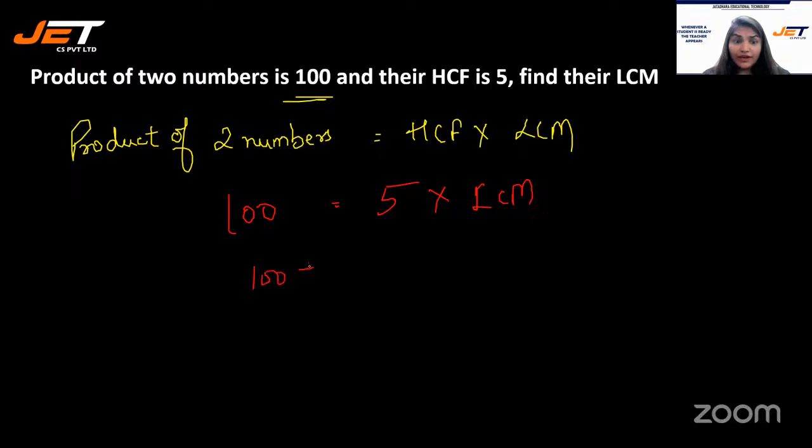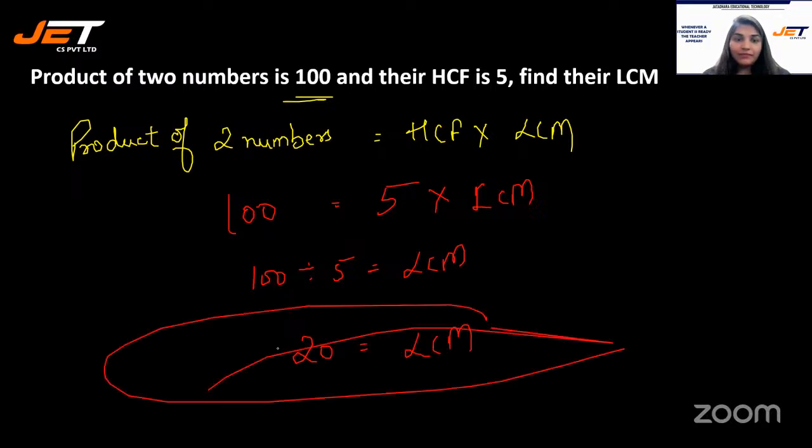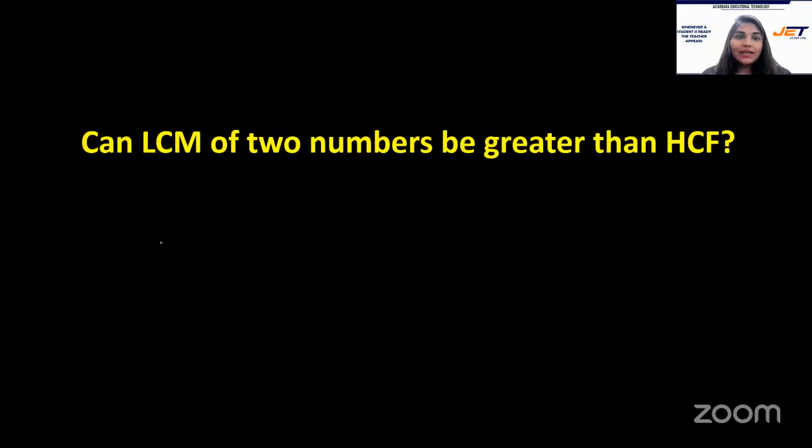So 100 divided by 5 is the LCM, which is equal to 20. 20 is the LCM. Let's move on to the next question.